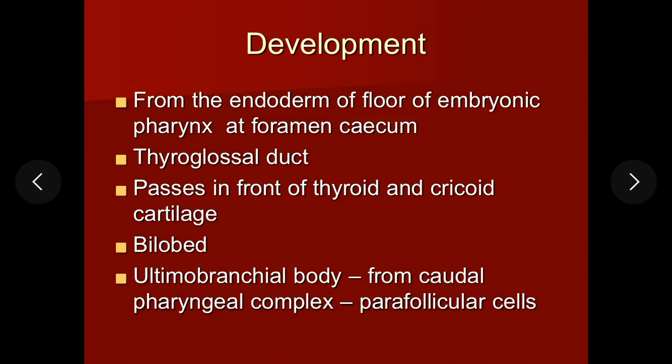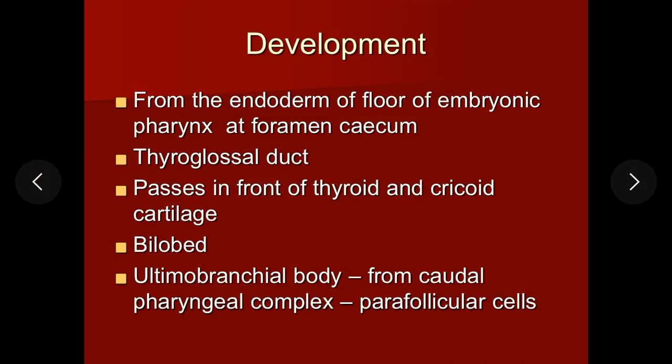Always remember, not the whole of the thyroid gland is produced from the thyroglossal duct. No. Some contribution to the thyroid gland is actually received from the ultimobranchial body also. So when you're thinking about the development, don't think the whole cells are developed from the thyroglossal duct.